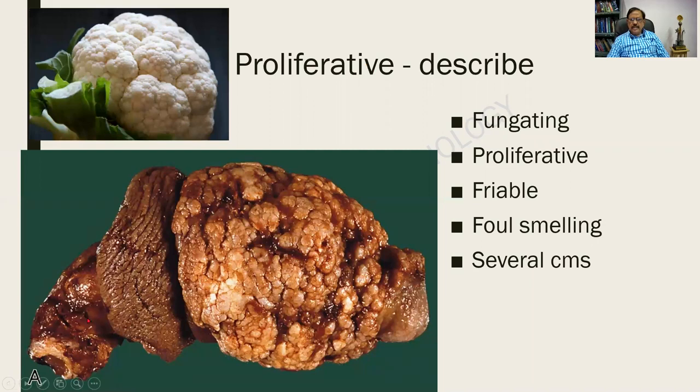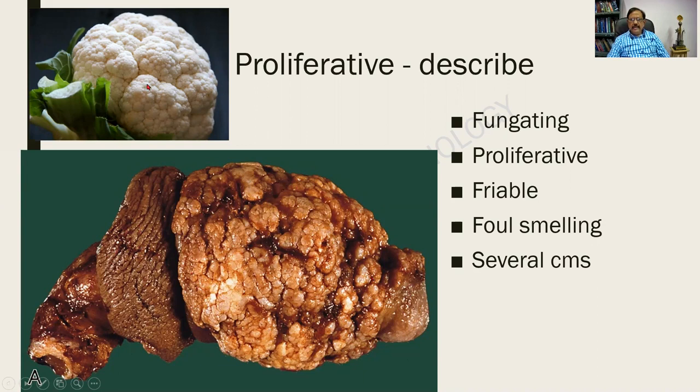Let us see how to describe a specimen. This is an amputated specimen of the penis. The glans penis, the prepuce, and even a part of the shaft have been replaced by a large, proliferating, friable, and foul-smelling growth, which is measuring several centimeters.